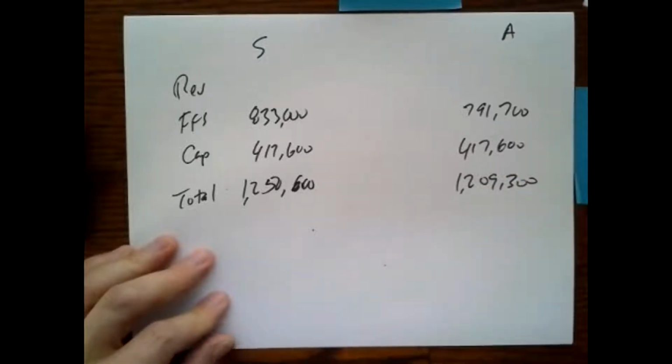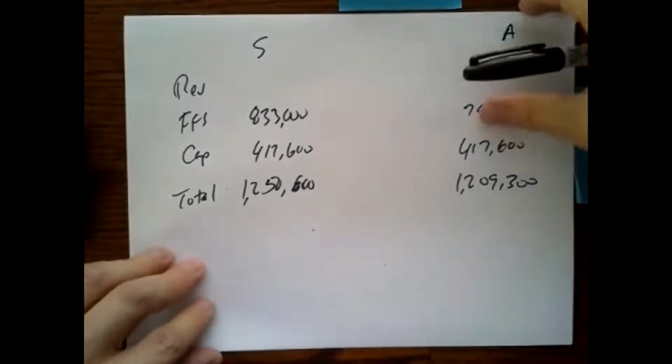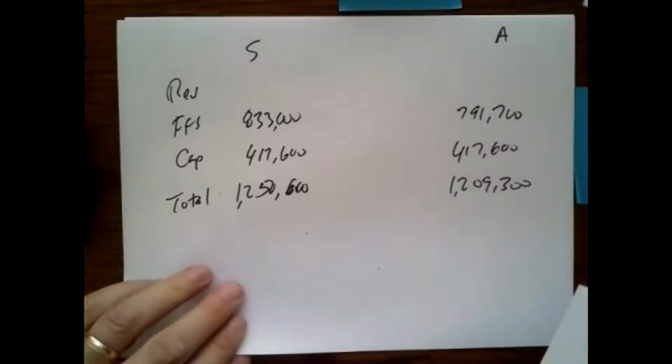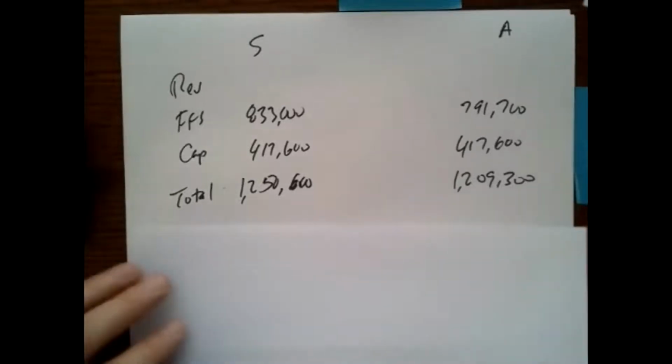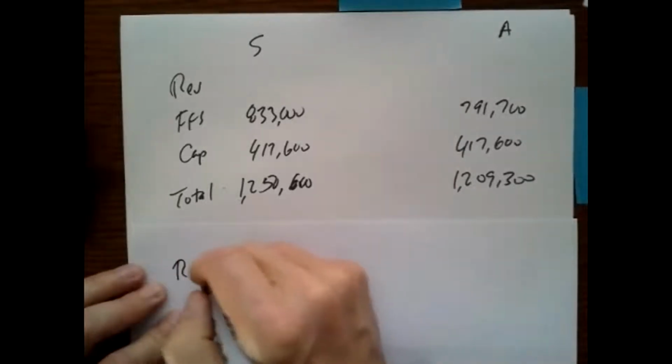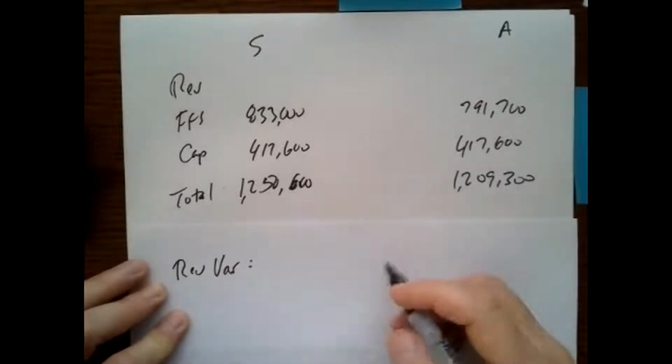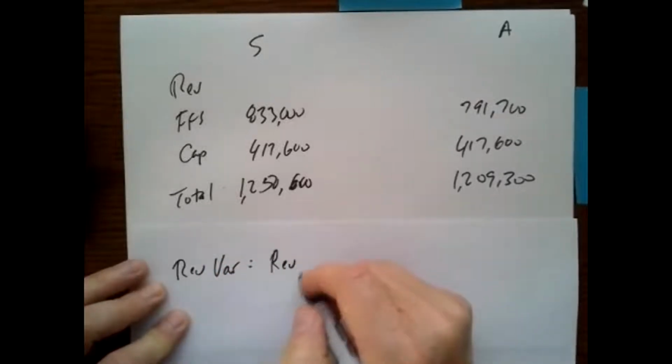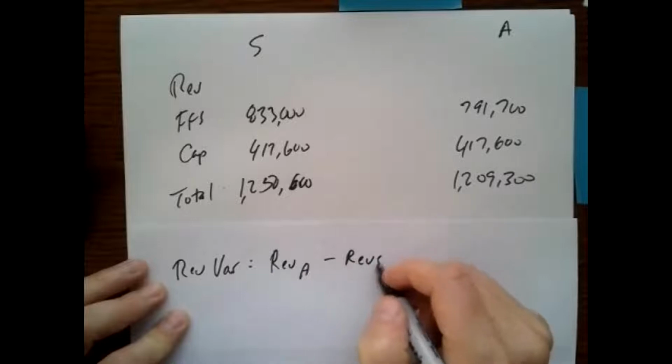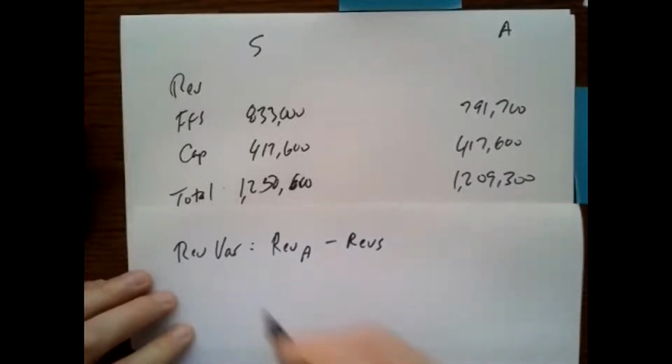Okay, so we want to know revenue variance. Revenue variance is simply revenue actual minus revenue static. So this is actually pretty simple.